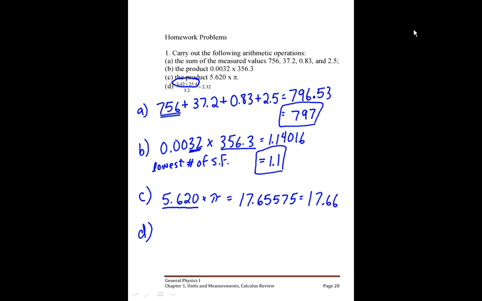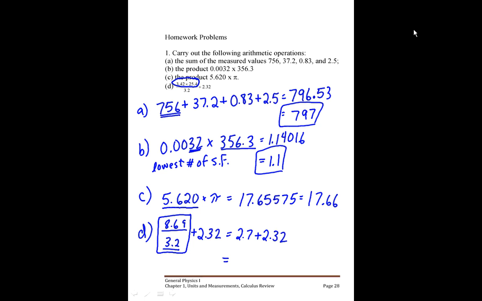And then finally in part D, I will do this operation first, keeping the lowest number of sig figs. So it's going to be 8.69 divided by 3.2 plus 2.32. Now I'm going to do this operation, keeping the lowest number of sig figs, which is 2 because of 3.2. And so that's equal to 2.7, again with 2 significant figures, plus 2.32.